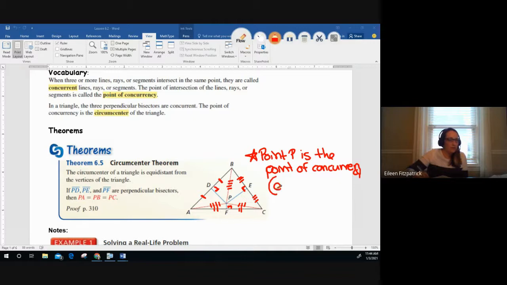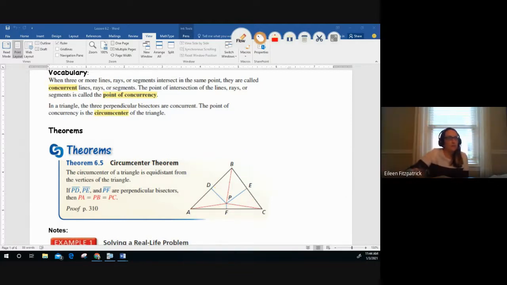It's called the circumcenter. All right, so that is the first theorem of this lesson. Let's move on down.